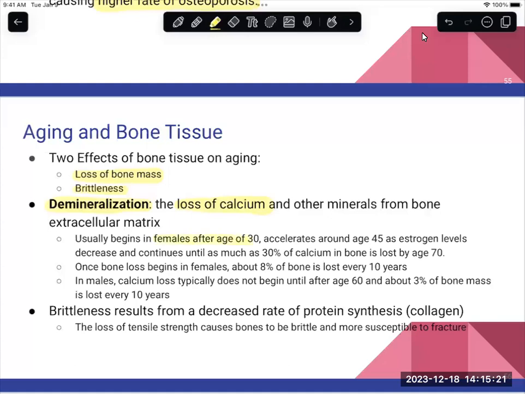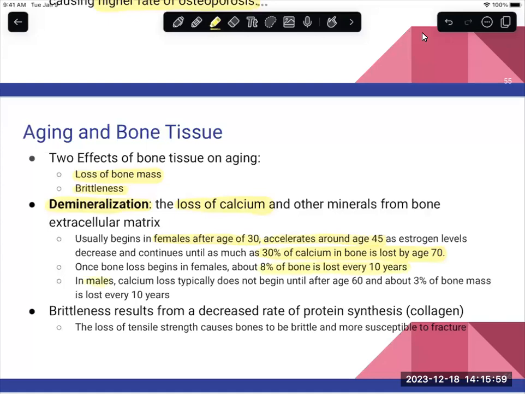It starts at the age of 30 in women. That's pretty young. It starts to speed up around 45. And you can lose up to 30% of the calcium in your bone by the age of 70. That is a lot. Once women start losing their bone mass, they lose about 8% of their bone mass every 10 years.